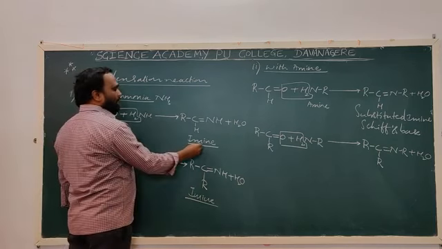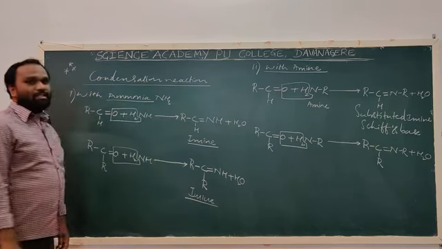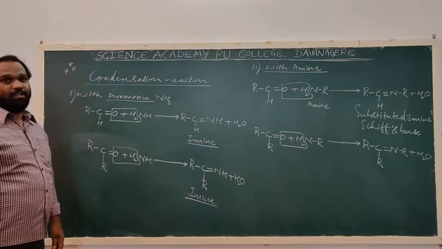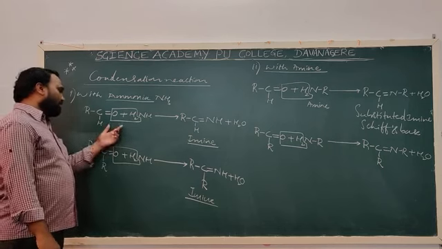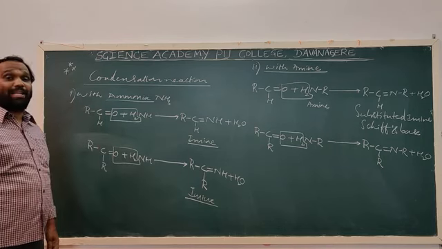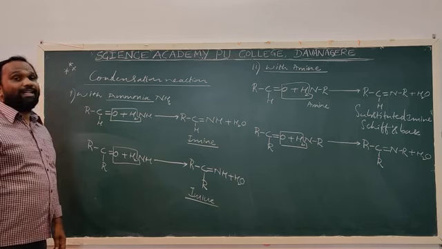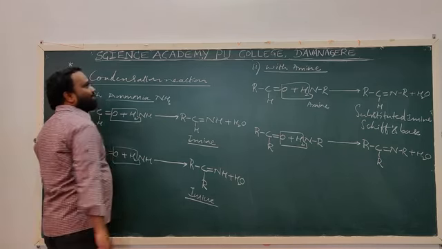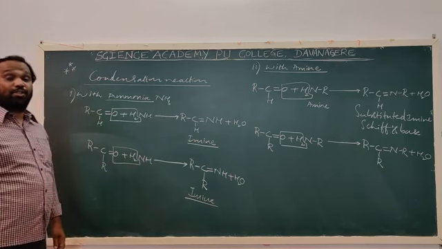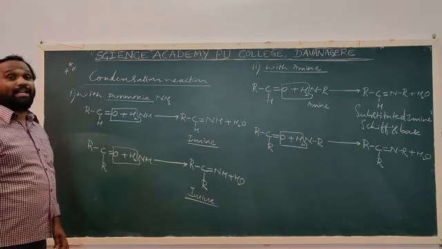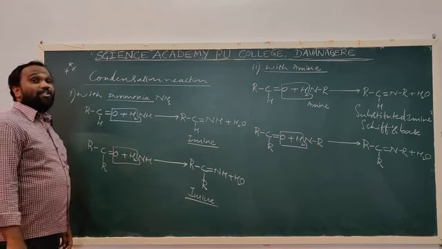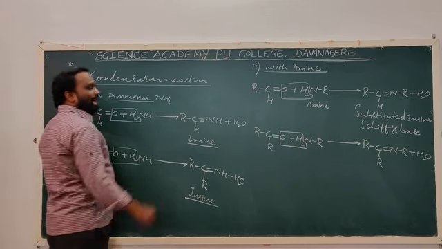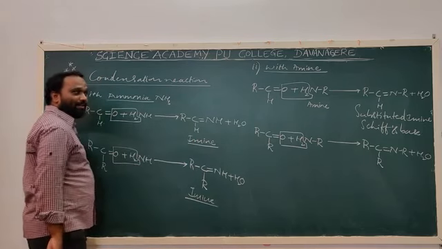Do you remember the reaction called Stephen's reaction? That is the method used for the preparation of aldehydes. When RCN undergoes reduction with SnCl2 and HCl, an intermediate called imine is formed.